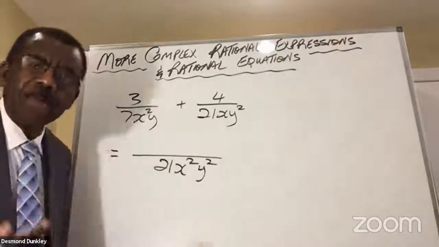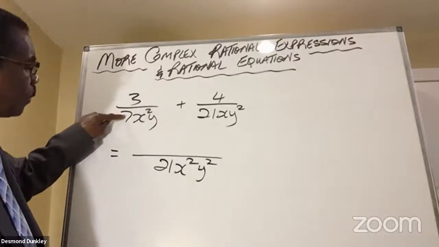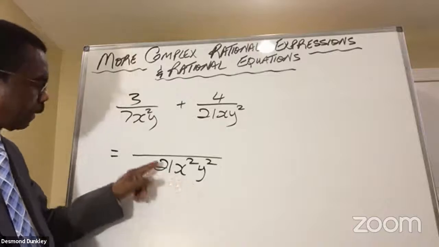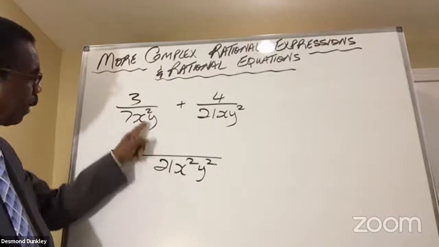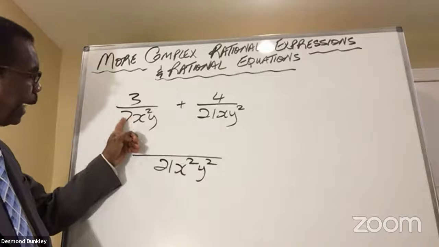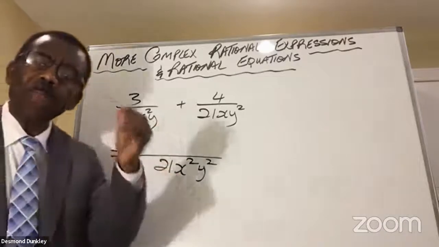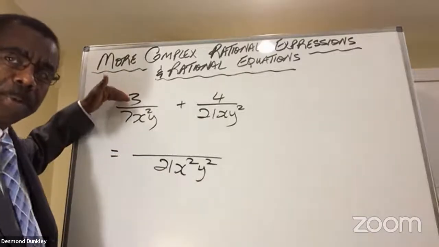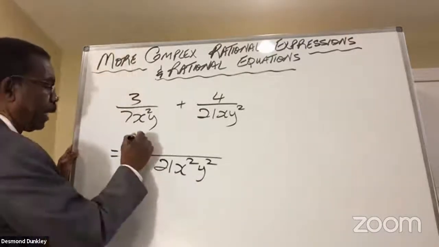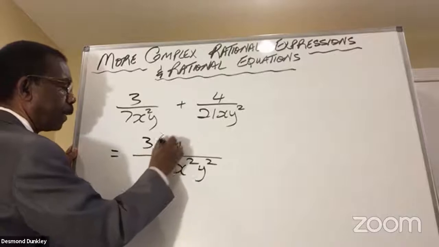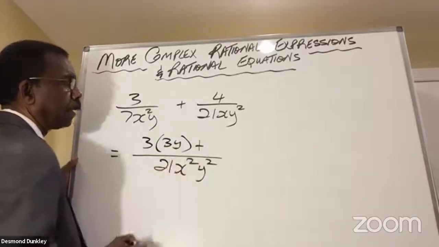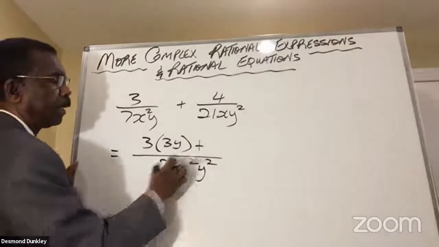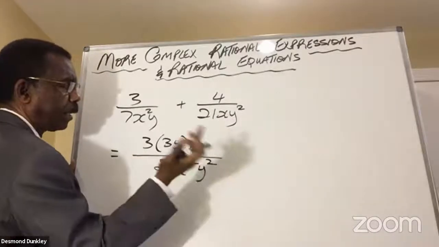Now you ask yourself the question, what did I do to this denominator to get it to look like this? I think we multiply by 3 and we also multiply by y. So we are multiplying this whole thing by 3y, so therefore we have to multiply the top by 3y. So we end up with 3 times 3y. Plus, what did we do to this? Well, 21, nothing. y squared, nothing.